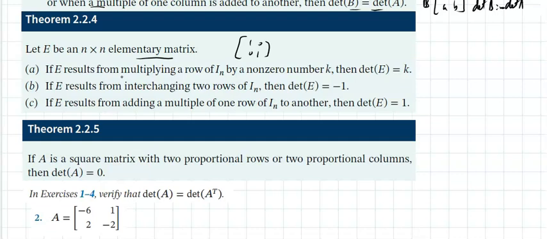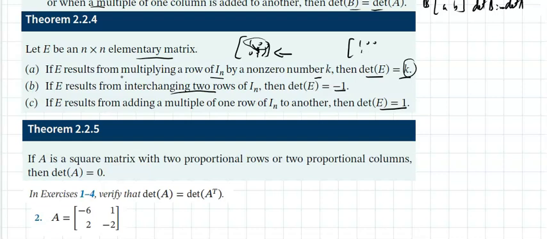If E results from multiplying a row of the identity matrix by k, then the determinant of E is k, because the determinant of the original is already 1. You just multiply it by k, so that becomes k times 1. If you interchange the rows, it becomes negative 1. And if you multiply this row by any number and add it to that row, the determinant doesn't change.